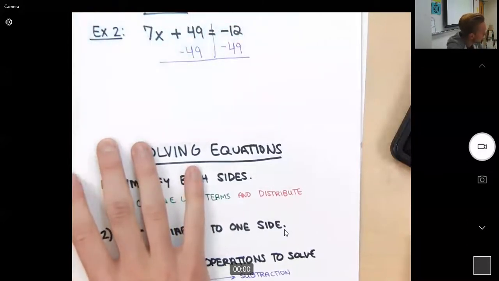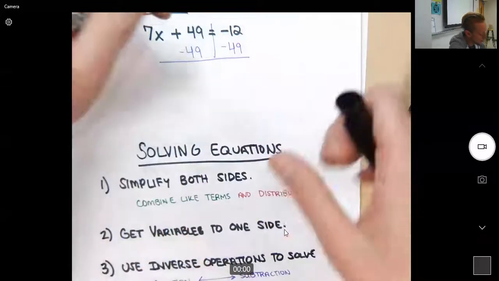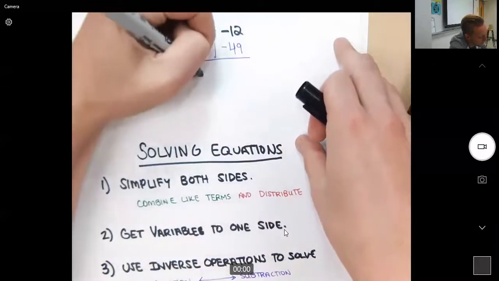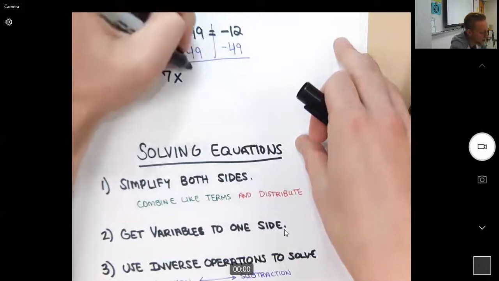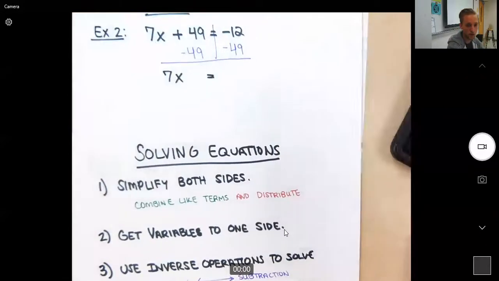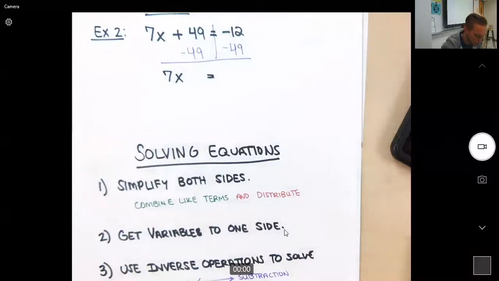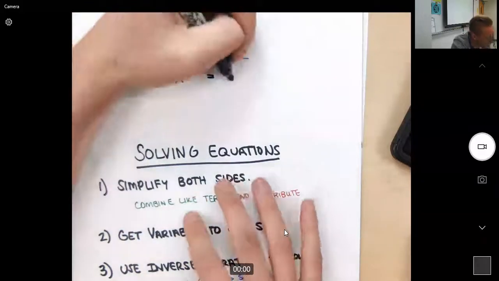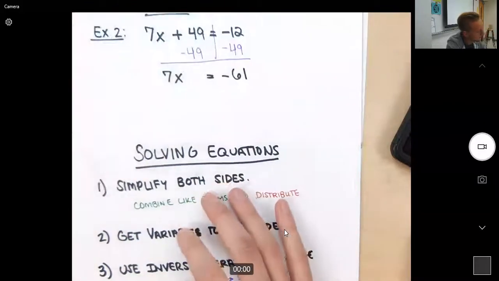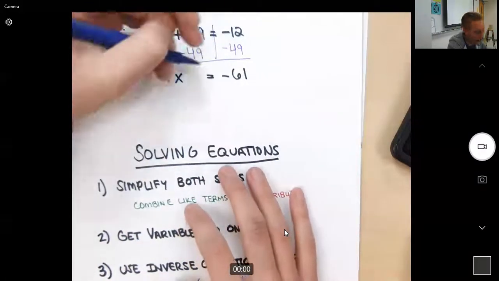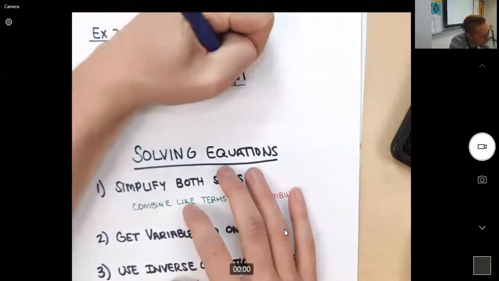So on the left-hand side, what I'll be left with is 7x is equal to, because 49 minus 49 goes to 0, so I'm just left with 7x. Negative 12 minus 49, I believe, is negative 61, but I'm going to check in the calculator just to make sure, and it is. And this is 7 multiplied by x, so I'm going to divide by 7 on both sides.